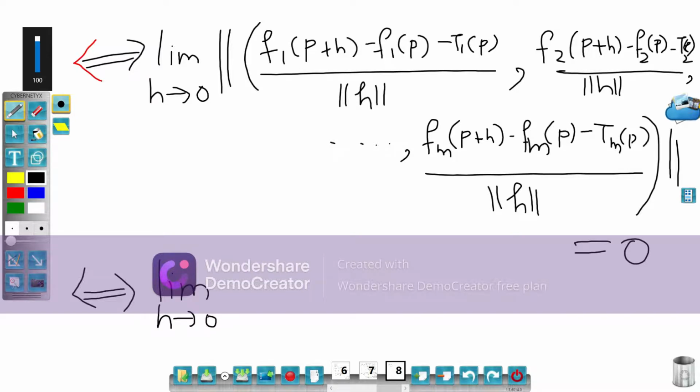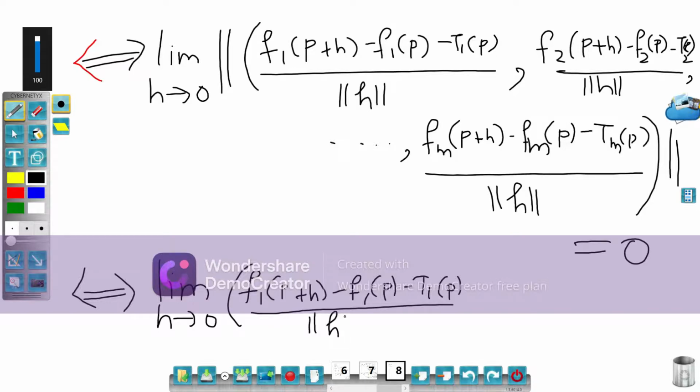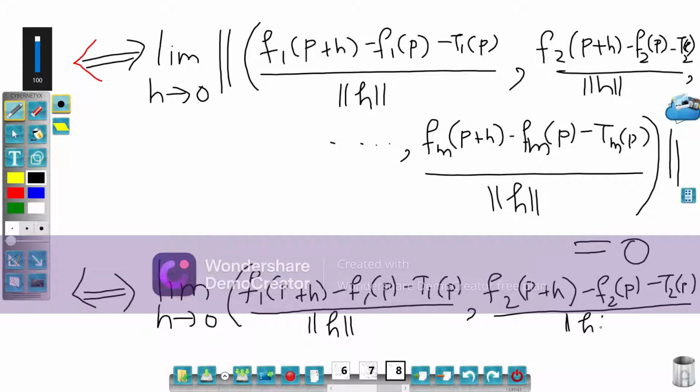This is equivalent to saying that the limit as h goes to 0 of the vector f1 at p plus h minus f1 at p minus t1 at p upon norm h, comma, f2 at p plus h minus f2 at p minus t2 at p upon norm h, comma, dot dot, the last entry fm at p plus h minus fm at p minus tm at p upon norm h.